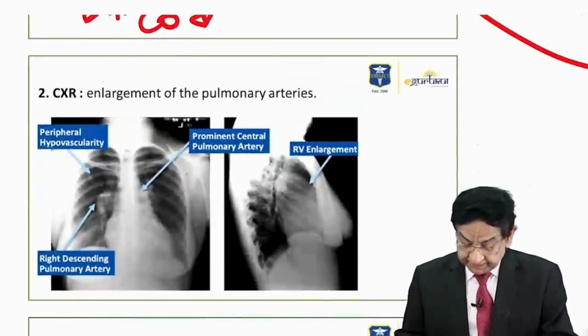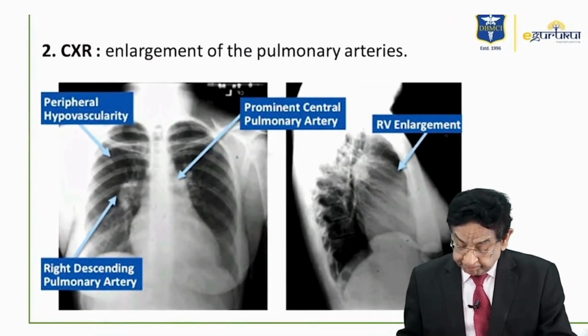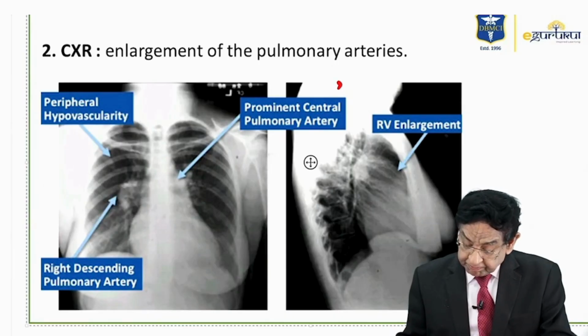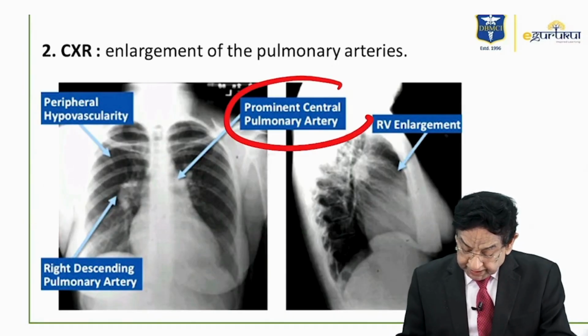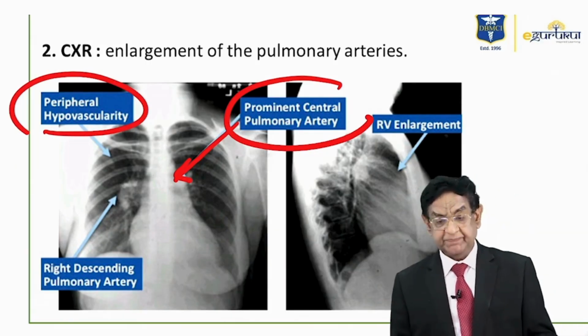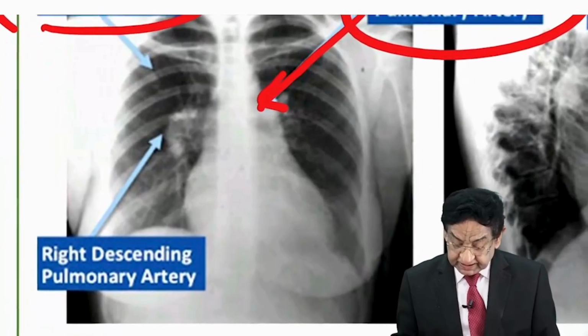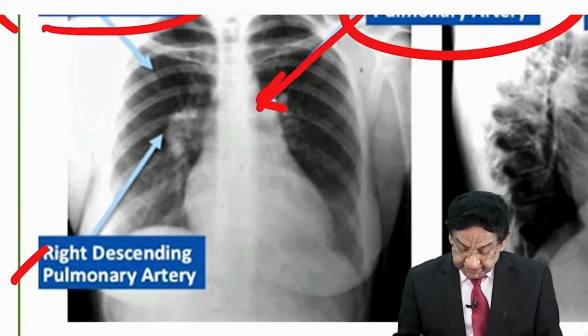Chest X-ray: you get prominent pulmonary artery, peripheral hypovascularity. In the periphery, you can see less, and you are getting a prominent right descending artery.